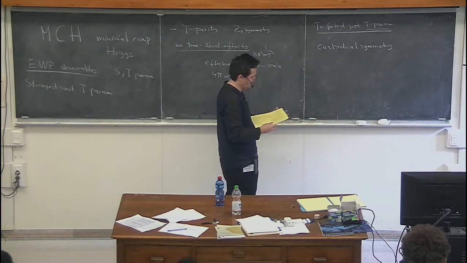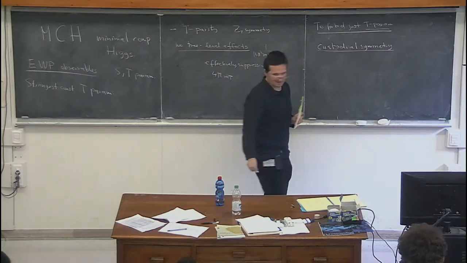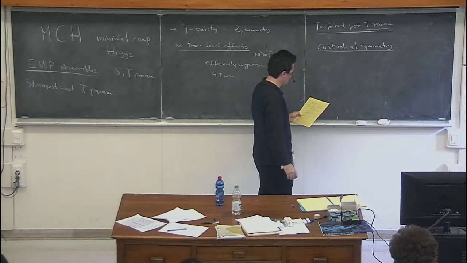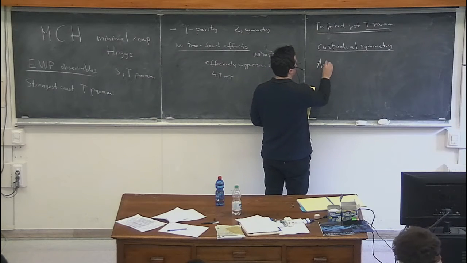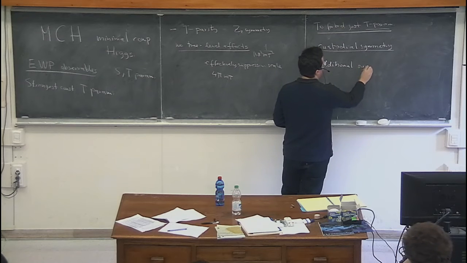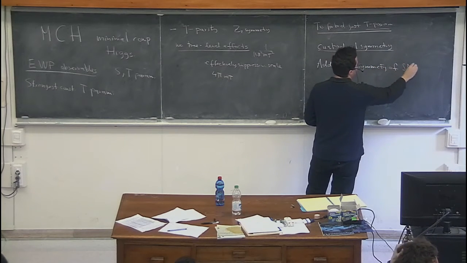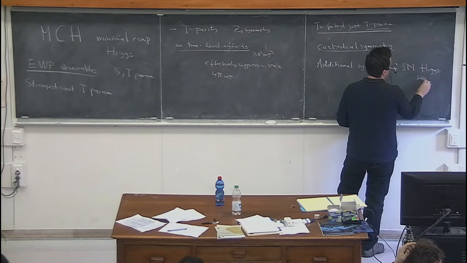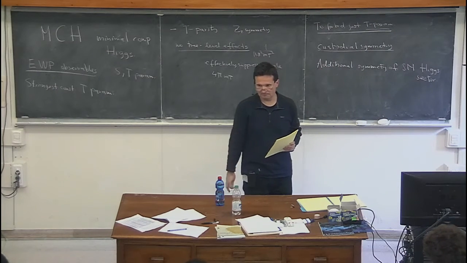Okay, so the custodial symmetry is an additional global symmetry of the standard model, an accidental global symmetry of the standard model Higgs sector, and it's an approximate symmetry, so it's not an exact symmetry.